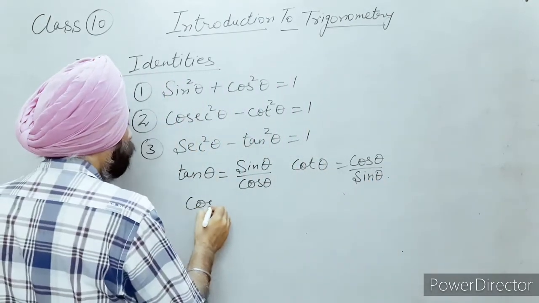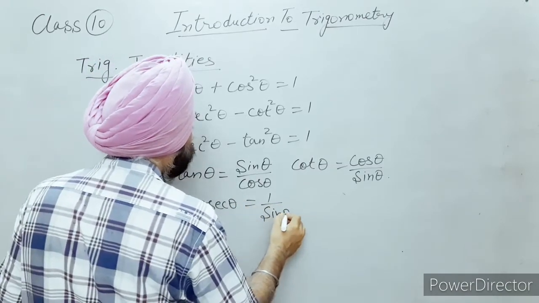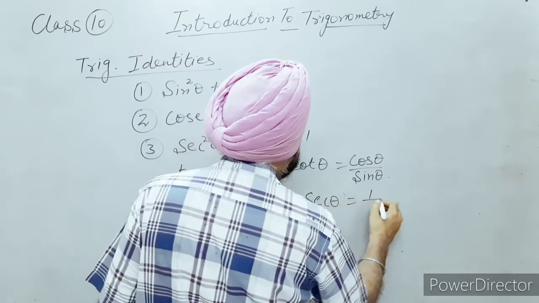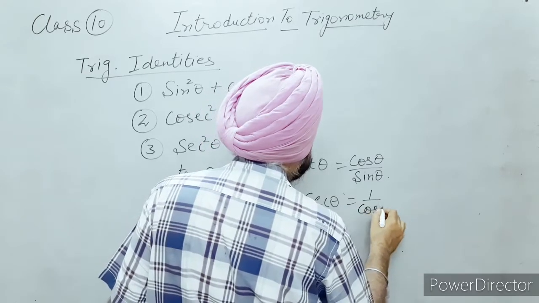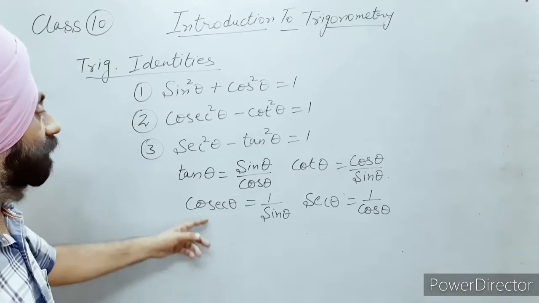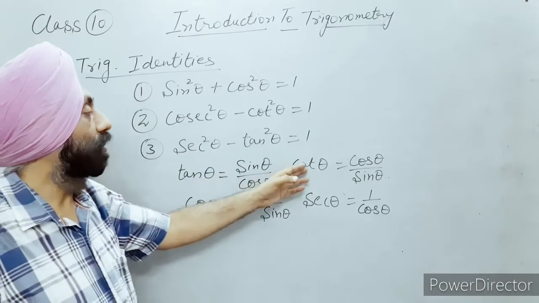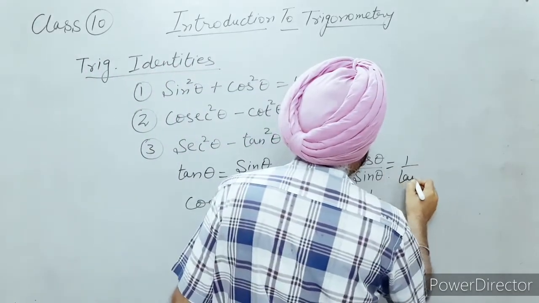Then cosecant theta is the reciprocal of sine theta, and secant theta is the reciprocal of cos theta. 1 upon cos is secant, 1 upon sine is cosecant, tan is sine by cos, cot is the reciprocal of tan.